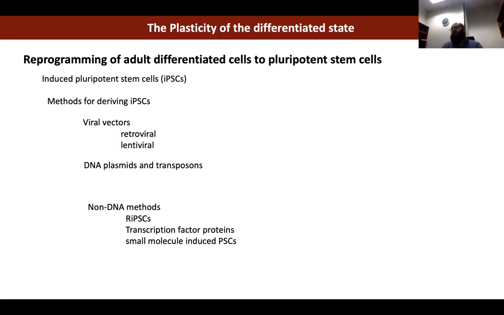Then you have DNA plasmids and transposons. DNA plasmids are not viral based, and of course you can use them, but their efficiency is quite low because they are not stably integrated into the genome. So their expression will subside very quickly. Then you have transposon-based vectors, which means that you have certain enzymes that basically cut and paste the cargo DNA.